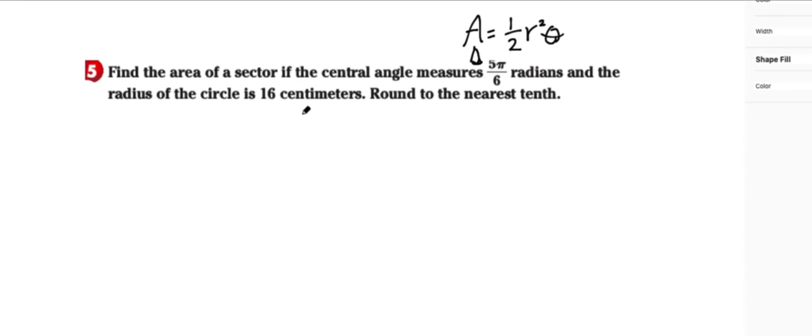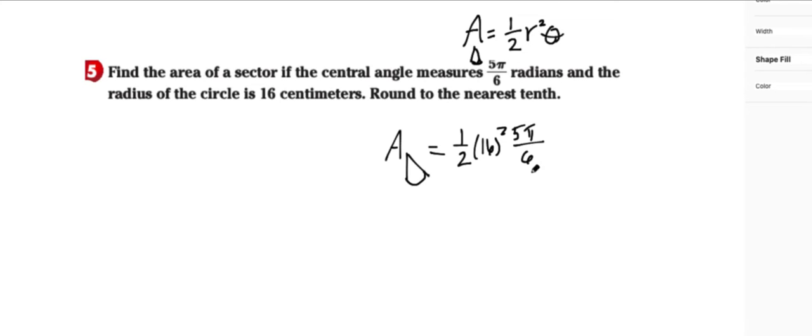And so they asked us to find the area of a sector if the central angle is 5 pi over 6 radians, and the radius of the circle is 16 centimeters. So we can do that. The area of the sector, I like to put this little slice of pie down there, is equal to 1/2 times 16 squared times 5 pi over 6.